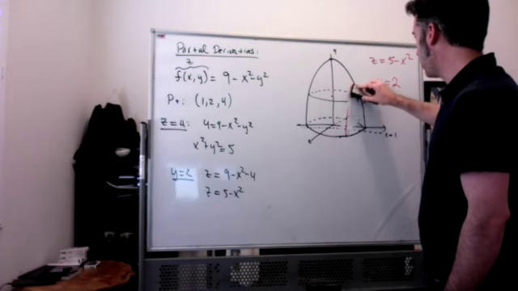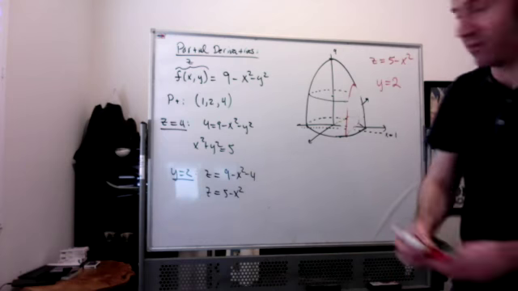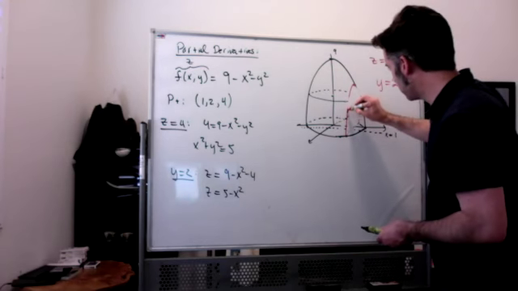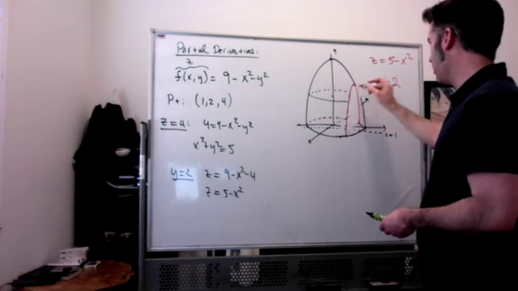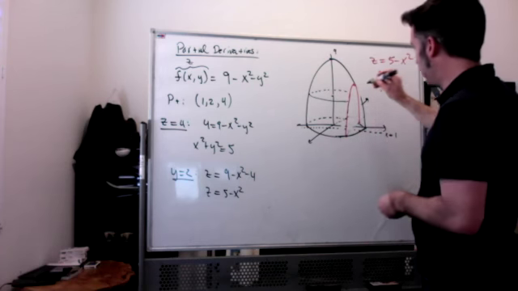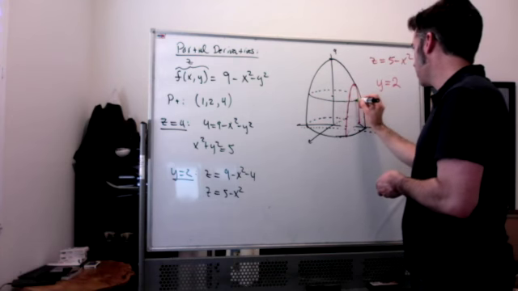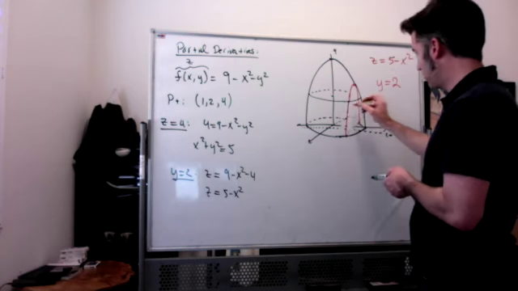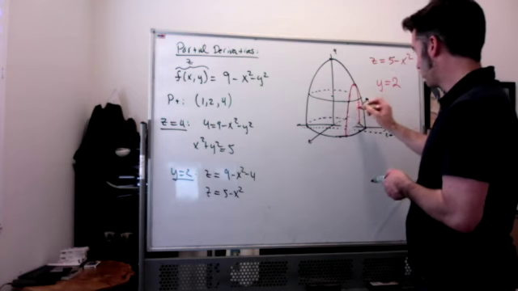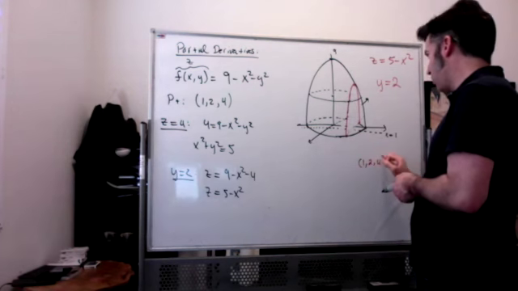If you look at this parabola here, it lies on this surface and definitely intersects the point 1, 2, 4.